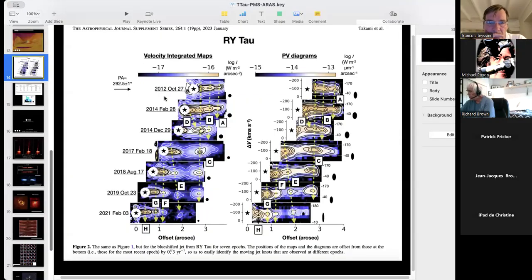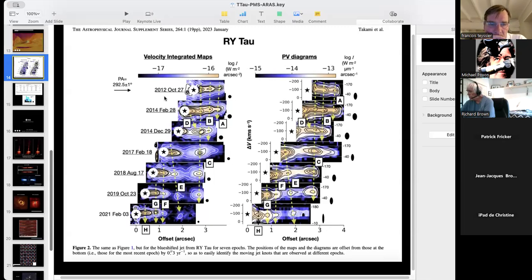I didn't show the example, but just to go back for one moment to a screen share, RY Tauri is one of these T Tauri stars.